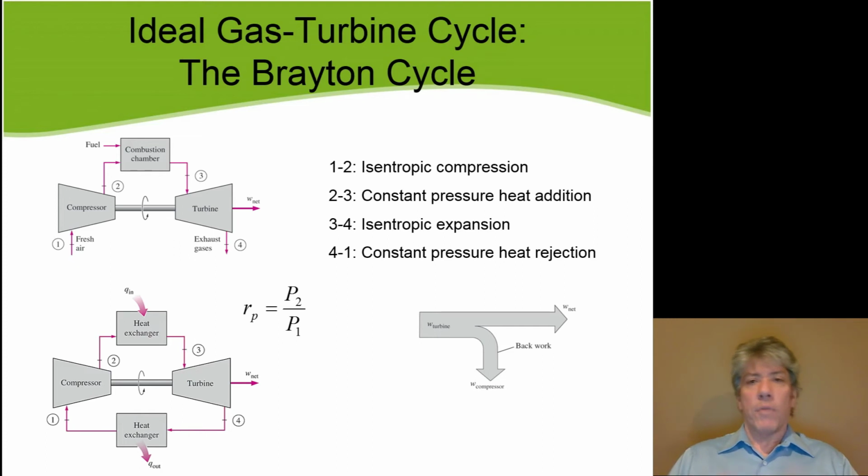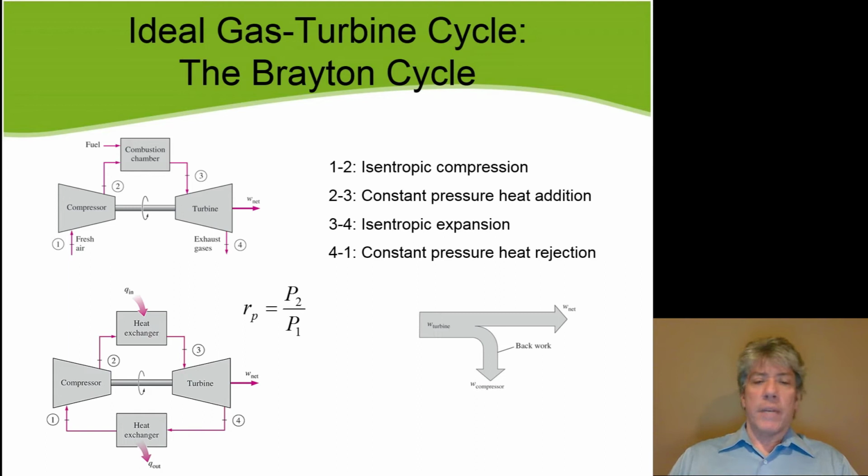Now we've made an assumption here, because in the real world there is pressure loss in the combustion chamber, and there is a difference in the pressure coming into the compressor and the exhaust gases out of the turbine. The exhaust gases out of the turbine are going to be at a higher pressure as they exhaust and go out to the atmosphere, and of course the compressor is trying to get air to flow in, and the only way to do that is for the atmosphere to push it in.